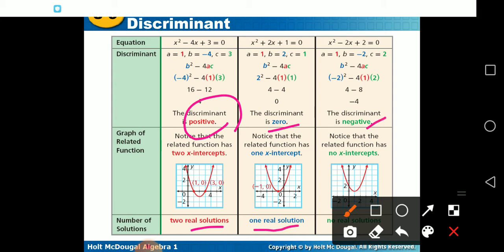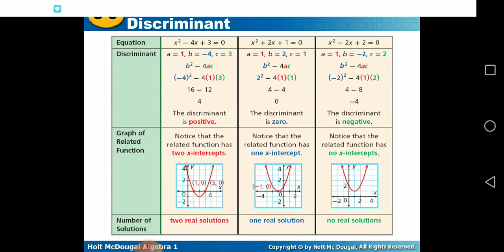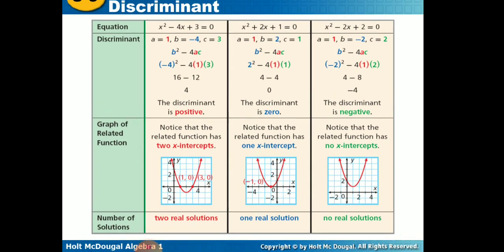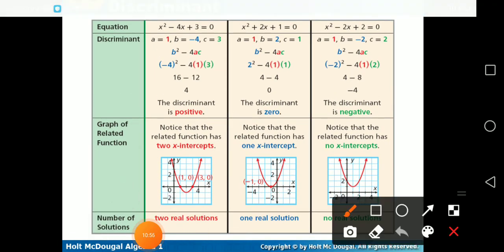When it's negative, if I calculated the discriminant and I found out that it's negative, this means that the related function has no x-intercept. We don't have any x's here. Can you see this? Okay, let's see this together.